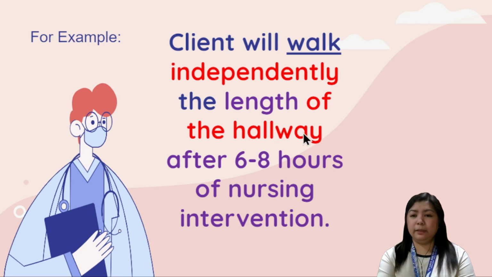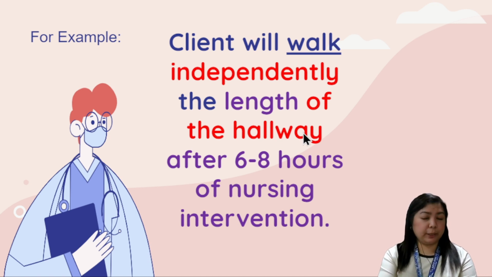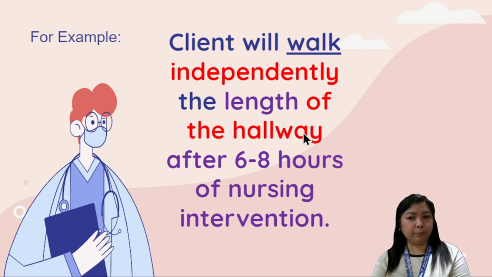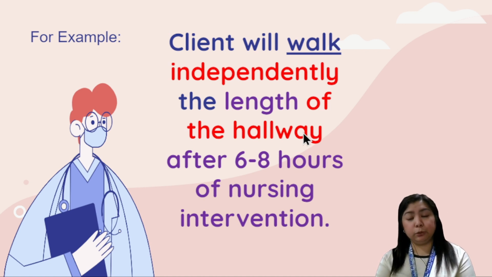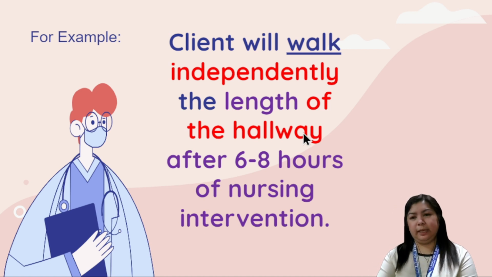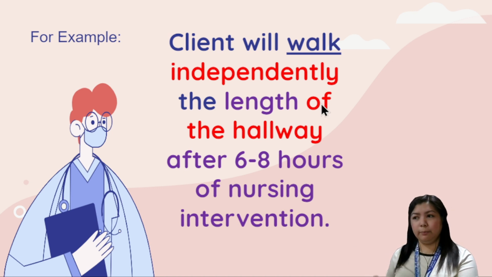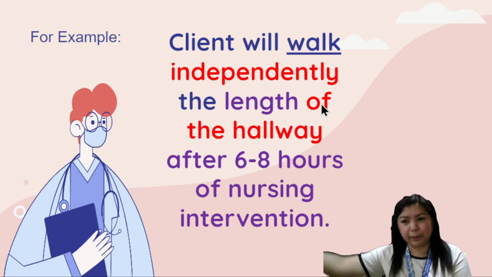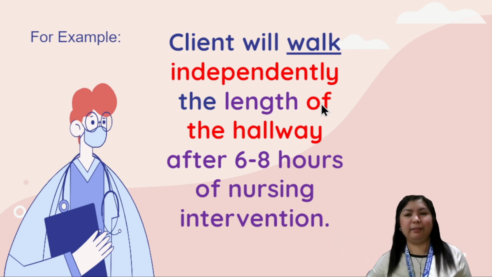You said the hallway, but how would you know that the client can walk, or at which starting point and at which ending point would the client be able to walk? You may say the length of the hallway, meaning from the starting point of the hallway to the end part of the hallway, so the entire length of the hallway.